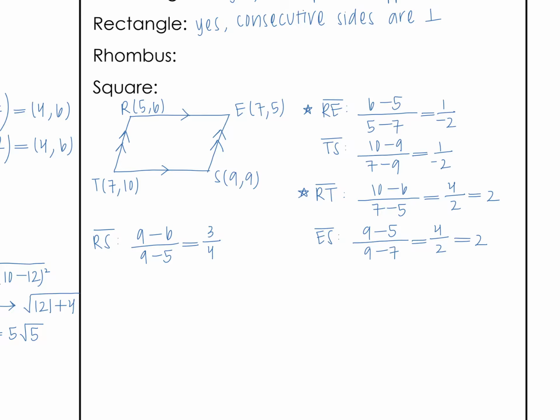Then comparing it to the slope of the other diagonal, ET, we've got 10 minus 5, and then 7 minus 7. So 10 minus 5 gives me 5. 7 minus 7 gives me 0. Well, 5 over 0 is just going to be an undefined slope.